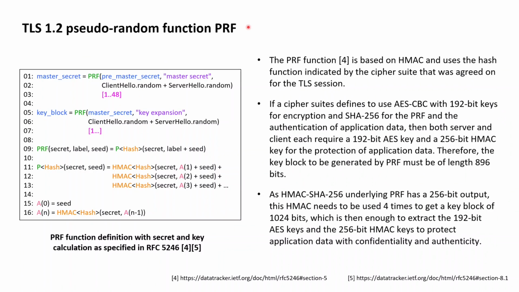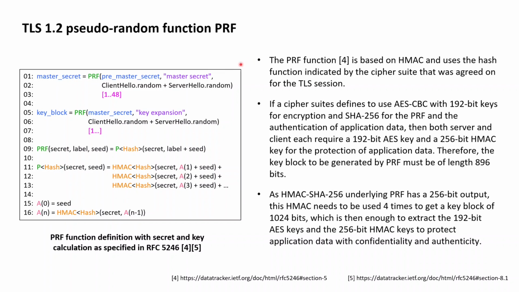The TLS 1.2 pseudo-random function PRF is defined in RFC 5246 and is essentially a repeated application of the hash-based message authentication code HMAC. HMACs require a cryptographic hash function, and the cryptographic hash function used within a TLS 1.2 connection is the cryptographic hash function specified by the cipher suite that was agreed to be used between the client and the server.